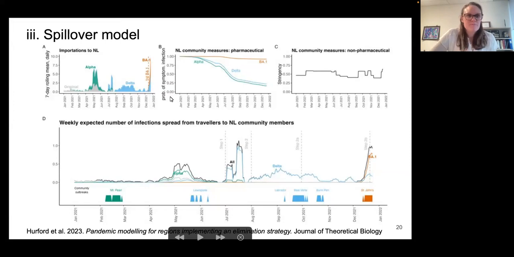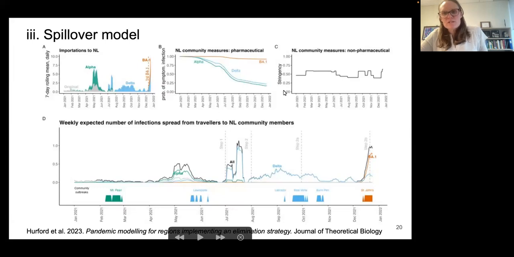And then the probability of a symptomatic infection in a community member changes over time as individuals get vaccinated. So this is pharmaceutical interventions. This is like, given that you're infected with a different variant type, what's the chance that you would get a symptomatic infection? And as individuals get vaccinated, it's harder to get infected given exposure to the Alpha and Delta variants.